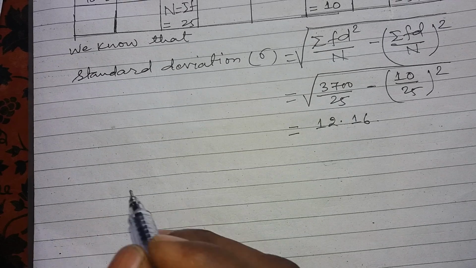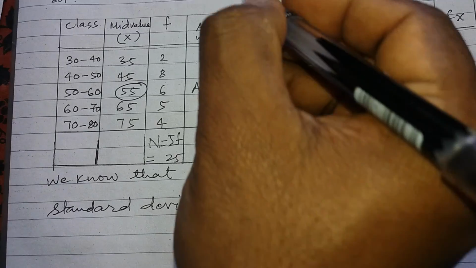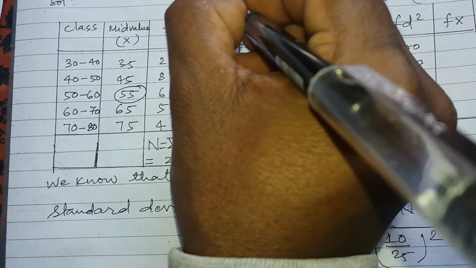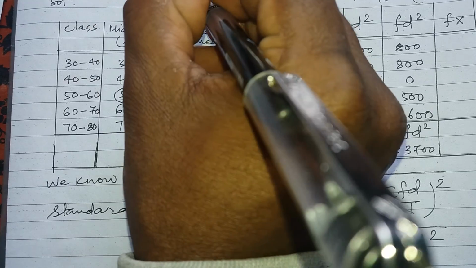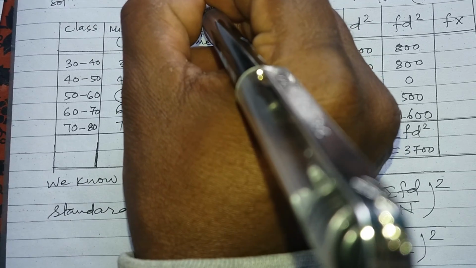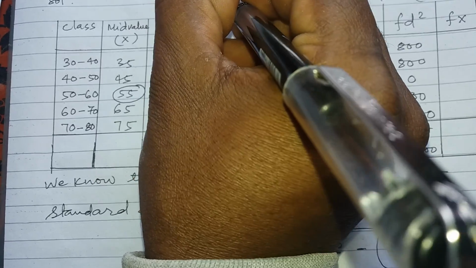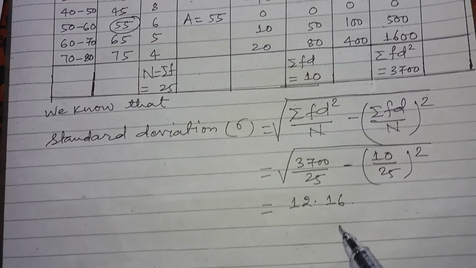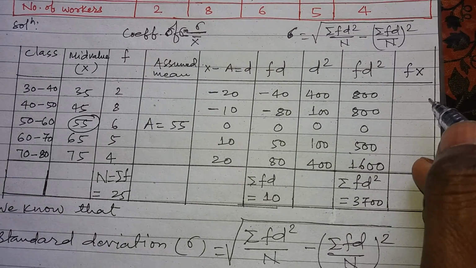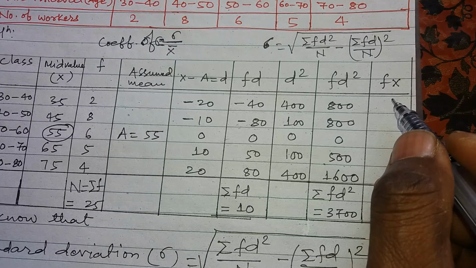After this, to find its coefficient of standard deviation, it is standard deviation by mean. The coefficient of standard deviation is this. So according to this, we have to find the mean, and to find the mean we have to find the fx column, and the fx column is here.